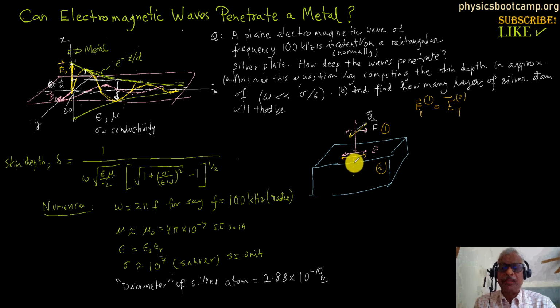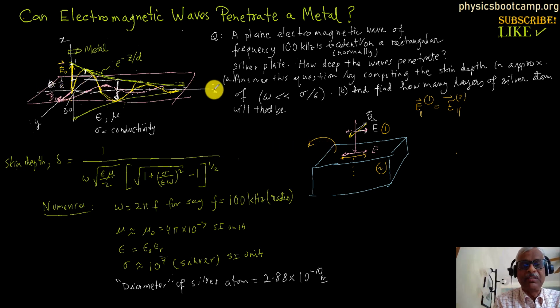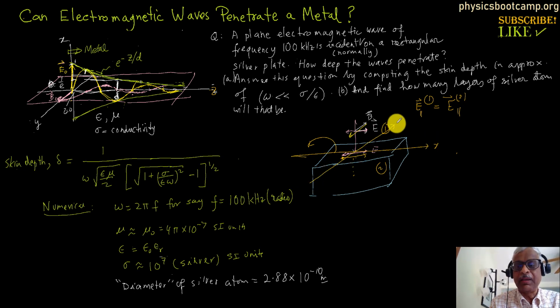However, it gets damped. So if you look at this wave, I'm going to flip the coordinates like that and look from here. So this is the z-axis, this is the x, and that's the y.